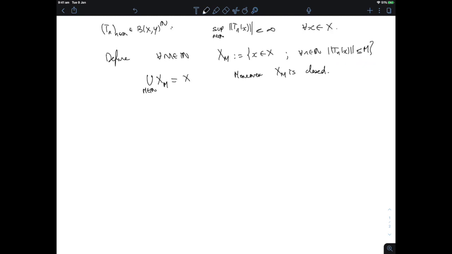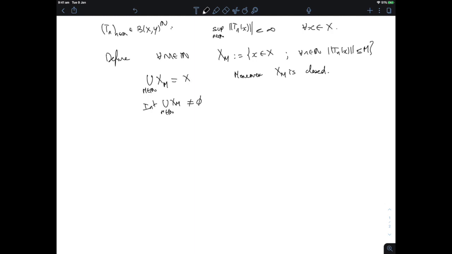So I have closed sets whose union is the entire space. If the union is the entire space, it's certainly not small. So in particular, its interior is not empty. So we have that the interior of the union of the X_M is non-empty.